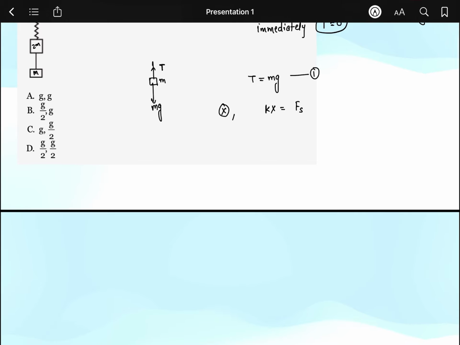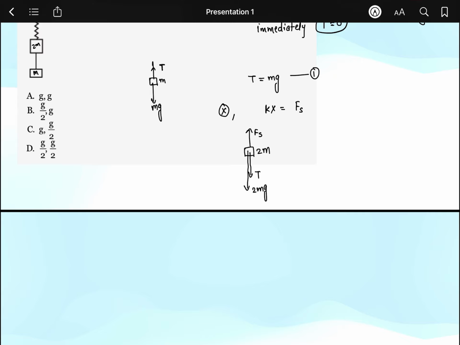So now drawing the free body diagram for this mass 2m. So this is our mass 2m here and there will be a spring force Fs acting on it. And there will be a tension force acting in downward direction, and also there will be the weight of this body that is equal to 2mg.